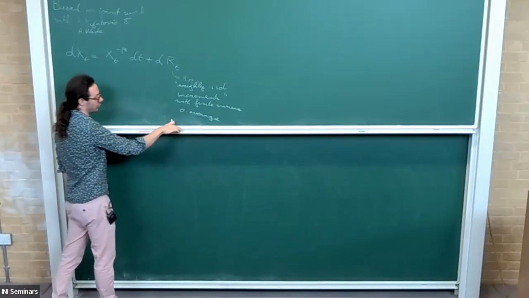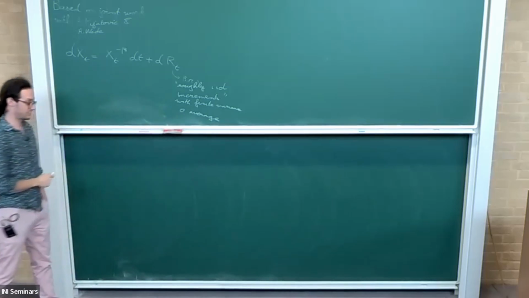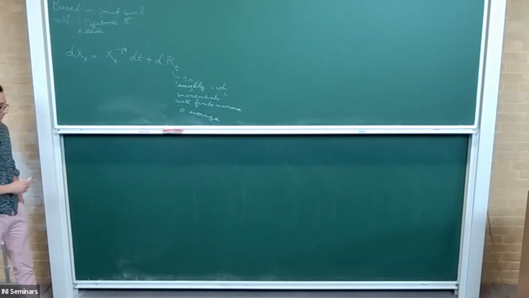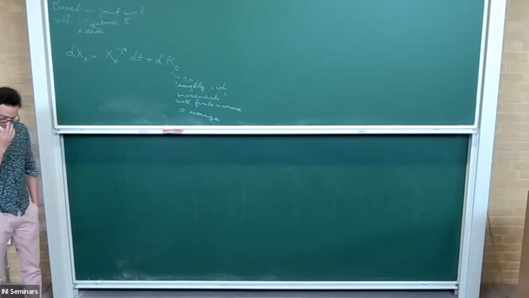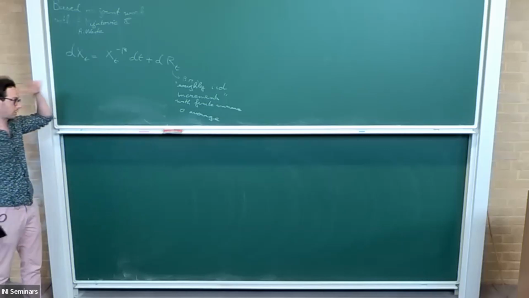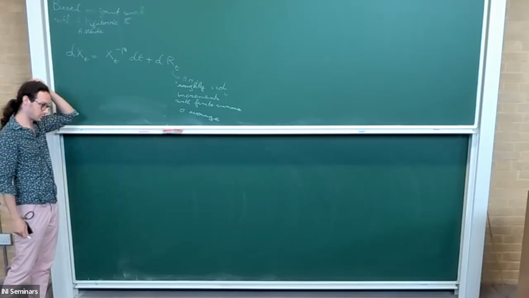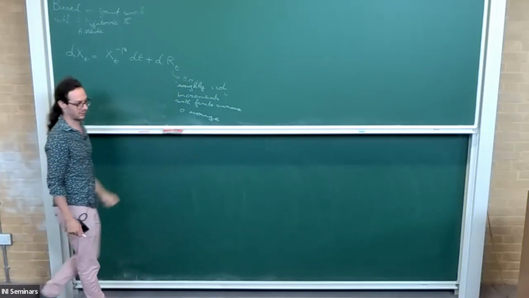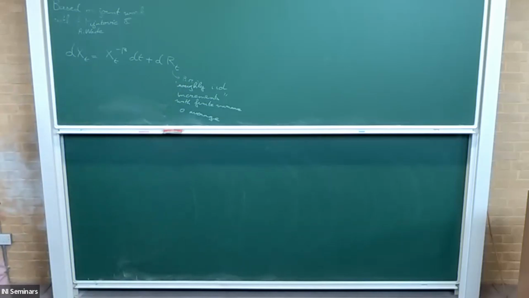But once again, I do not want to be too precise. In fact, the only situation where I'm able to fully justify everything here is the case where it's just a Brownian motion. But we'll see that later.